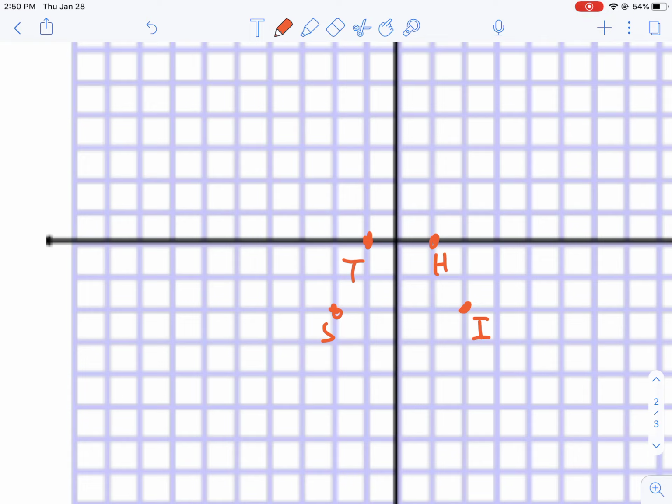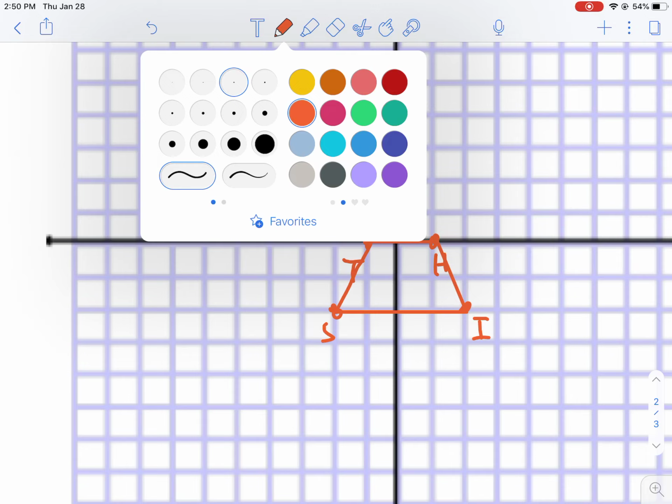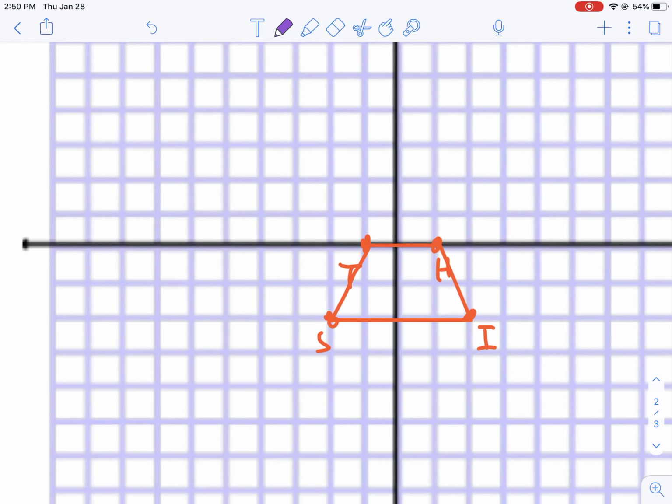What you're doing from here, all right, is multiplying all your coordinates by 3. So I'm not actually going to write it to the side. This one's over 1 from the origin, so we know it's going to end up being over 3.